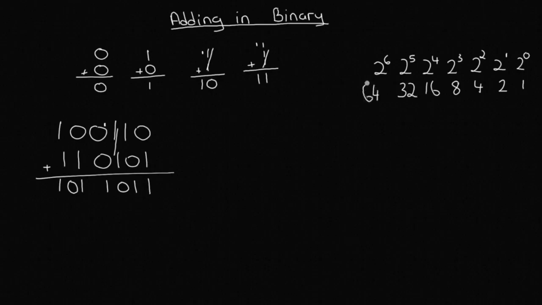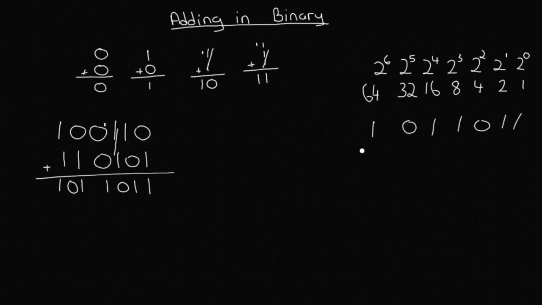So what we can do now is write down our binary number that we have, which is 1 0 1 1 0 1 1. Now, to make sure that we're correct, it's always good to convert our binary numbers into decimal, and then we can add our decimal numbers to make sure that we're correct. So we're looking for the answer at the moment.